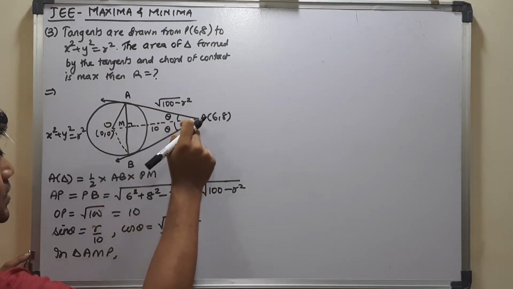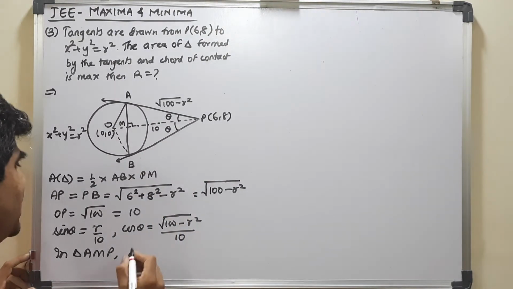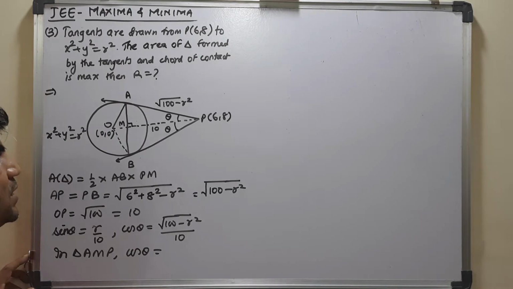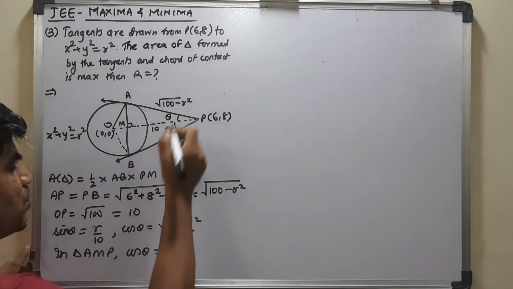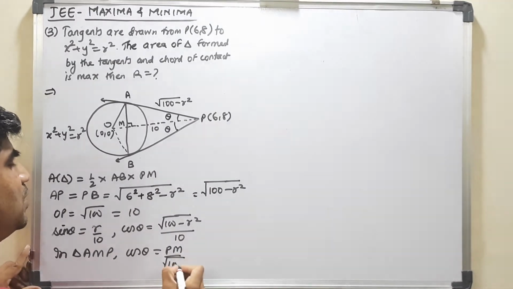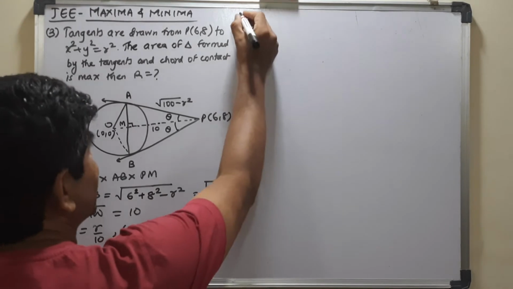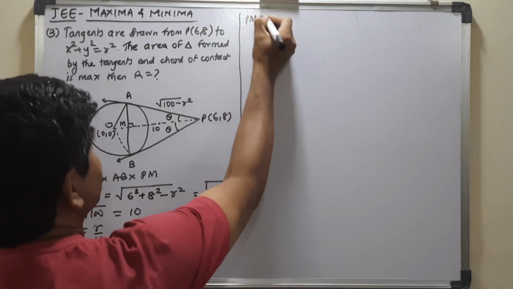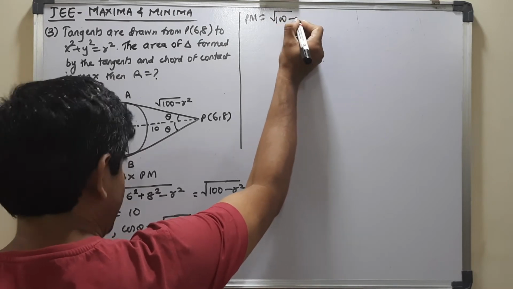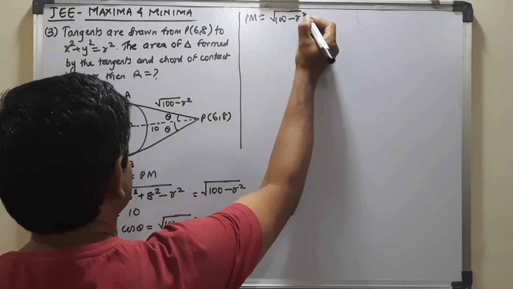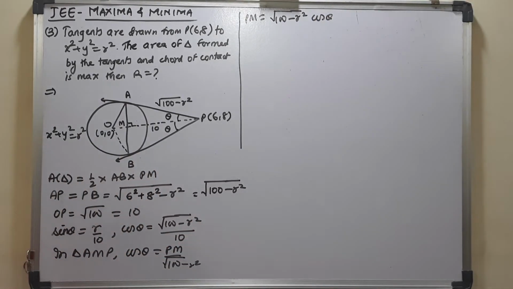So this is cos theta. Your cos theta will be PM to hypotenuse, which is under root 100 minus r square. Therefore PM becomes under root 100 minus r square times cos theta. Okay, this is your PM.